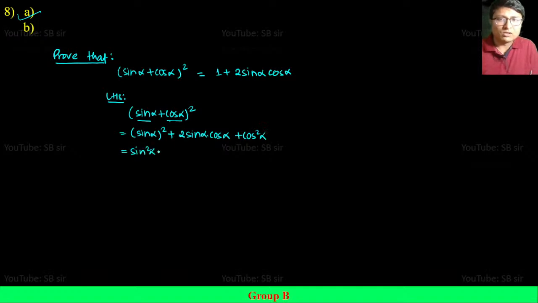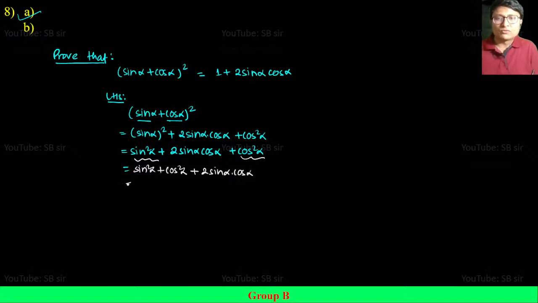So sine square alpha plus 2 sine alpha cos alpha plus cos square alpha. Now gather the terms that make up a formula here. So we have here sine square alpha and cos square alpha. Just write them together. Sine square alpha plus cos square alpha plus 2 sine alpha into cos alpha. So the formula for sine square alpha plus cos square alpha is 1.